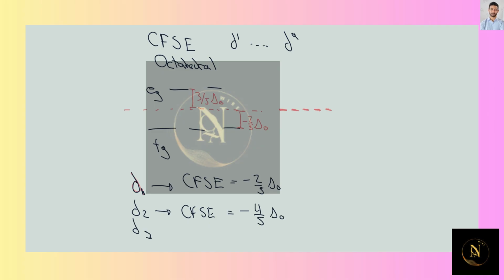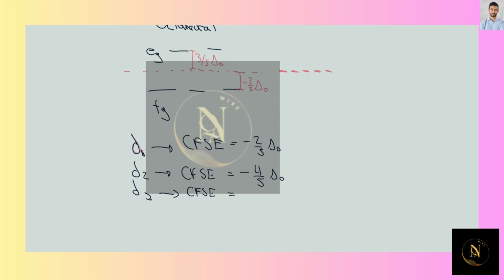And for D3, the crystal field stabilization energy is going to be 3 times this amount, so minus 6 fifths of delta naught. This comes from having one electron each on those orbitals.